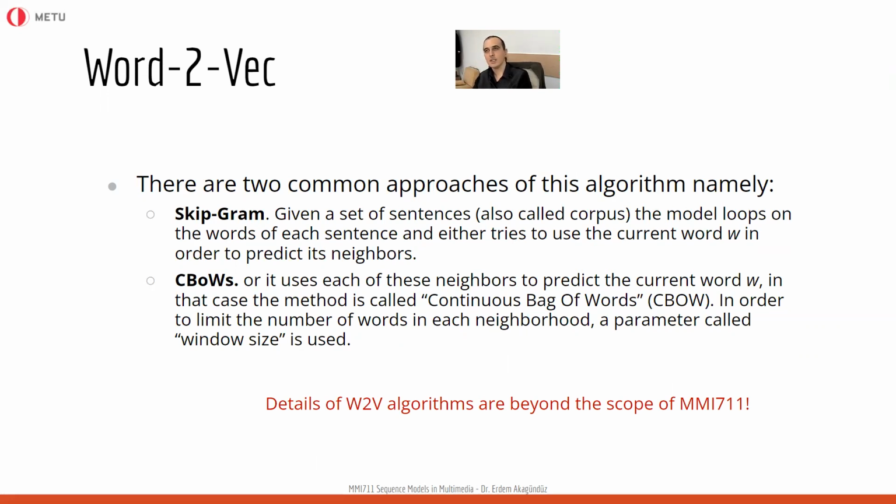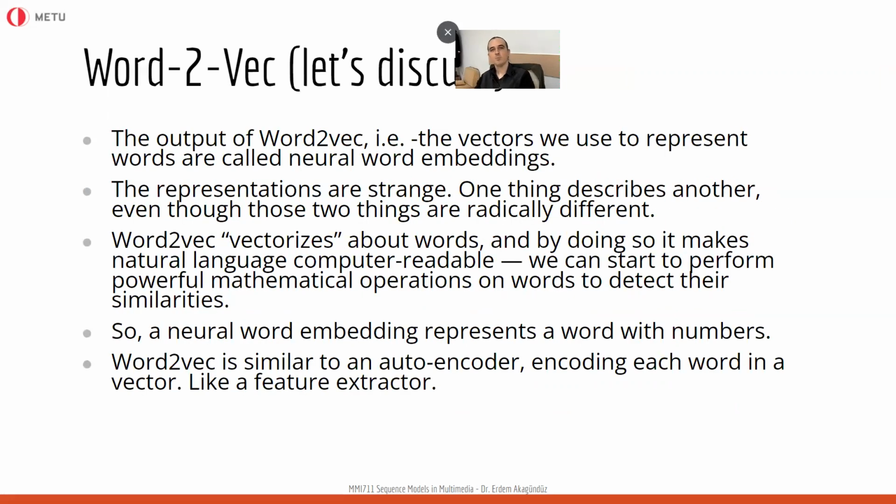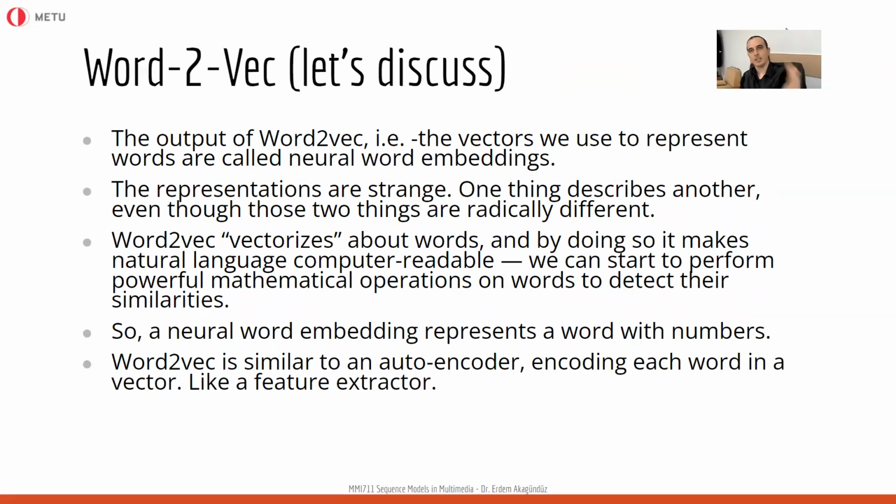So that's how we keep out of the NLP stuff, but still learn ways so that we can operationalize categorical sequences for our models. So before we do that, let's discuss what this word2vec is good for, and we're going to get to embeddings later.